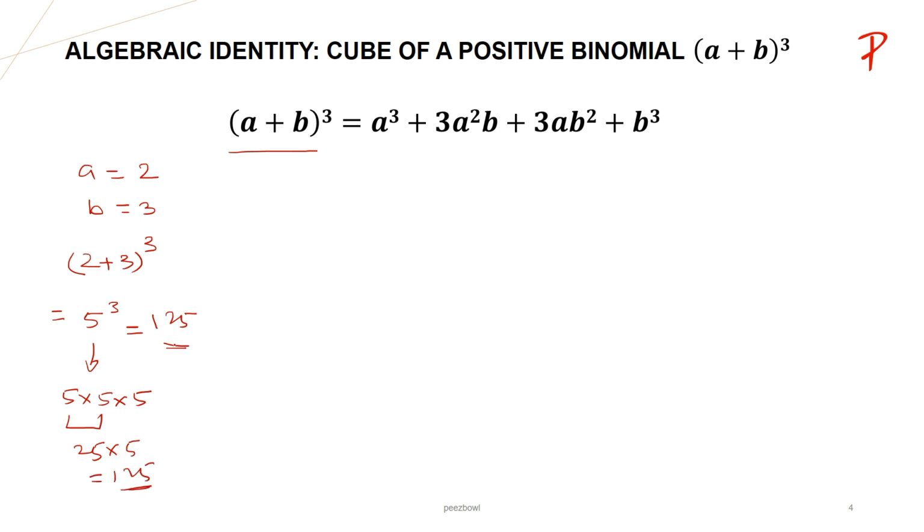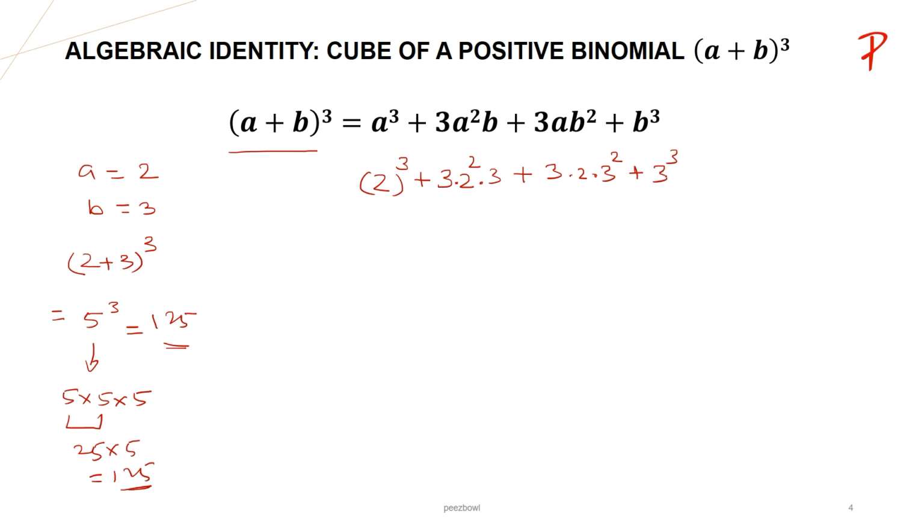So on the left hand side we have 125 and I will solve the right hand side using the identity. a³, that is 2 to the power 3, plus 3a²b. 3 into 2², I will put a dot so that it indicates that we are multiplying. Then b is 3, plus 3ab², 3 into 2 into 3², plus b³, that is 3³.